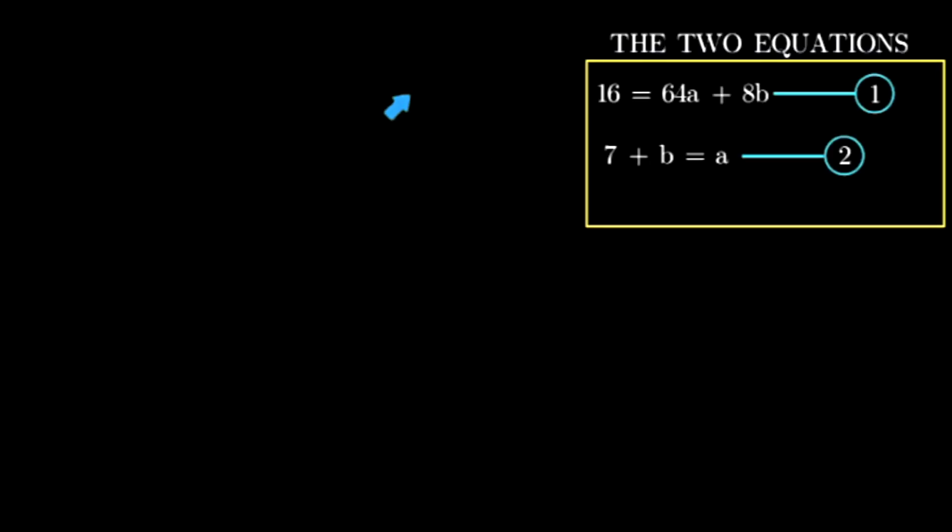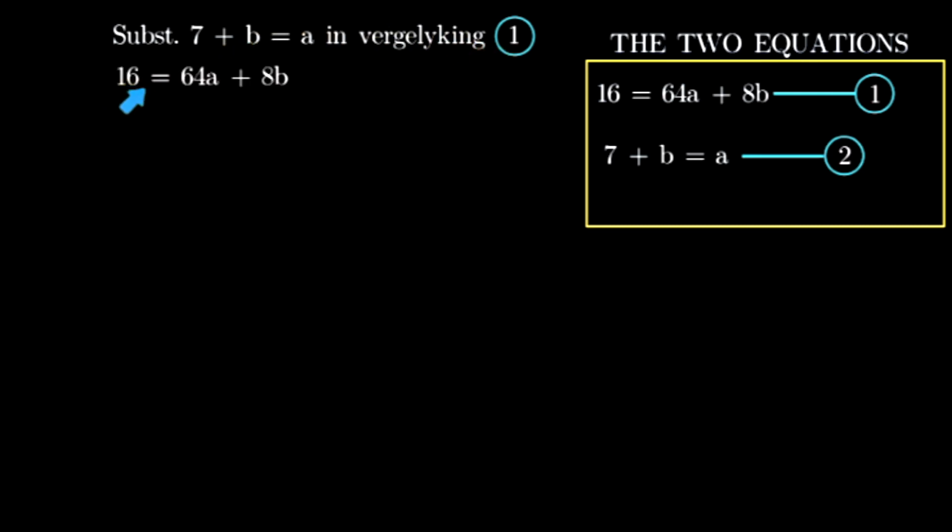As I said, we're going to make use of the substitution method. So I'm going to substitute 7 + b = a into equation 1. Our equation 1 was 16 = 64a + 8b. So in the place of a, I'm going to put 7 + b. So 16 = 64(7 + b) + 8b.